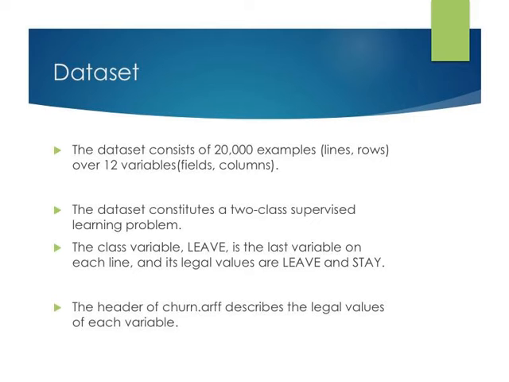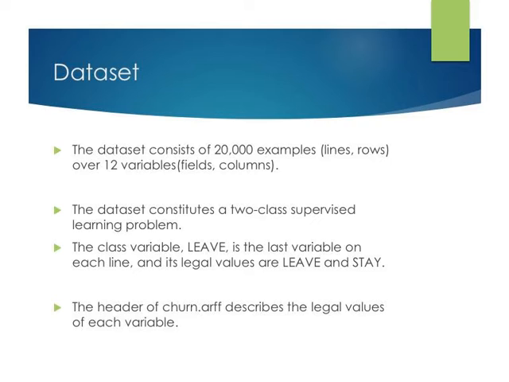So it also means that out of the 12 attributes, one of them is going to be used to represent the class. And that is actually the last variable in each one of the rows. The variable is named leave, and the legal values for that variable are leave and stay.